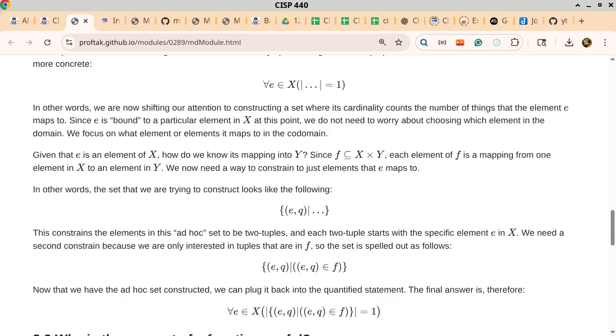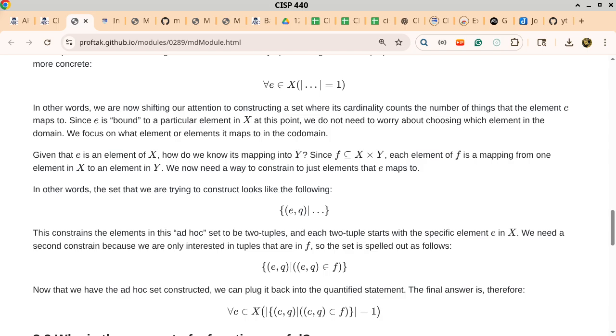Q is, quote unquote, a free variable, which means you can make Q anything you want as long as EQ as a two tuple is an element of F. E is already fixed. Q is flexible. Okay, so that means give me every element in F that starts with E as the first item of the two tuple. That's basically what it's saying.